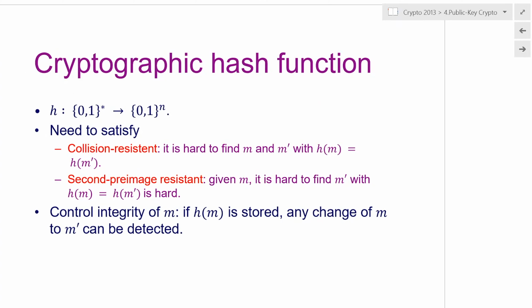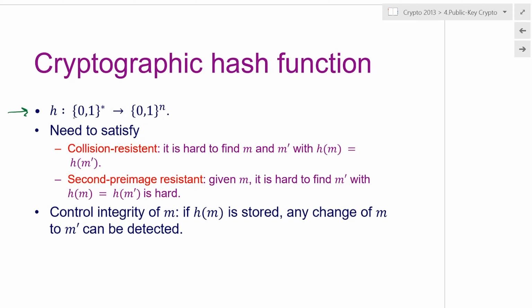All right, so let's get to hash functions. We've been talking about hash functions formally and informally, and now we can start to discuss what a hash function is and what it has to do to be a cryptographic hash function. Generally speaking, a hash function takes an arbitrary input.